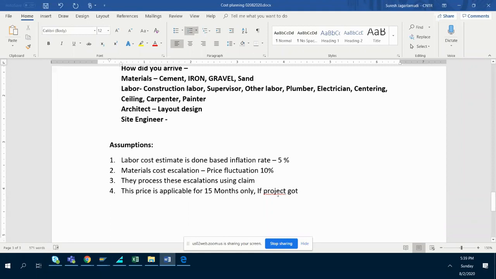If the project got delayed because of delay in government approval, we have the authority to escalate the price as per market conditions.